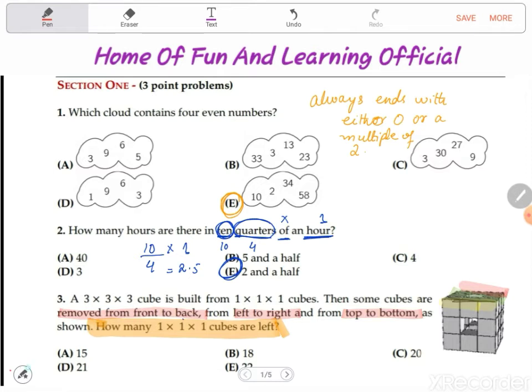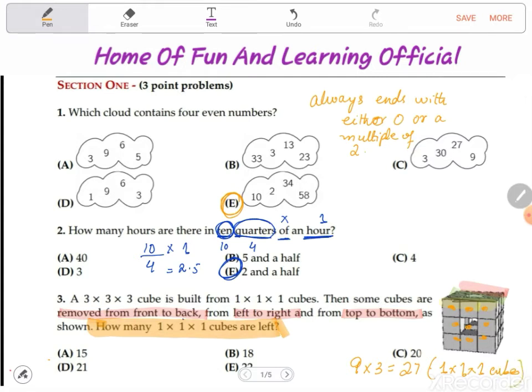We have 3 layers, and each layer contains 1 2 3 4 5 6 7 8 9 1 by 1 by 1 cubes. So 3 layers would contain 9 times 3, which is equal to 27, right? So we have a total of 27 1 by 1 by 1 cubes.